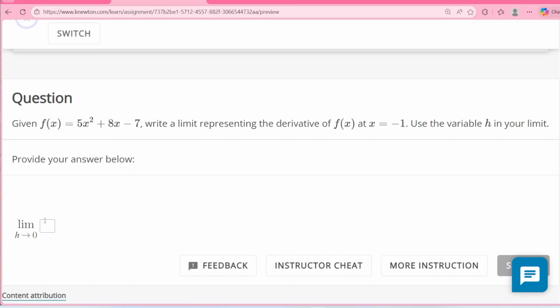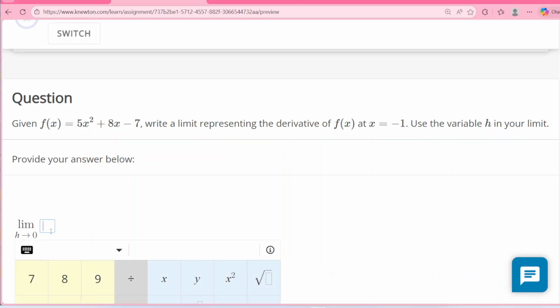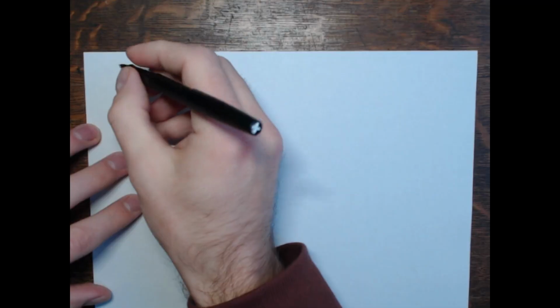Notice they already have the limit as h approaches 0 right there. So what you're filling in the box here is that difference quotient, putting the slope of a secant line expression in here. Now, you don't have to simplify it. They didn't say anything about simplifying it, so I'm just going to type it in as is.